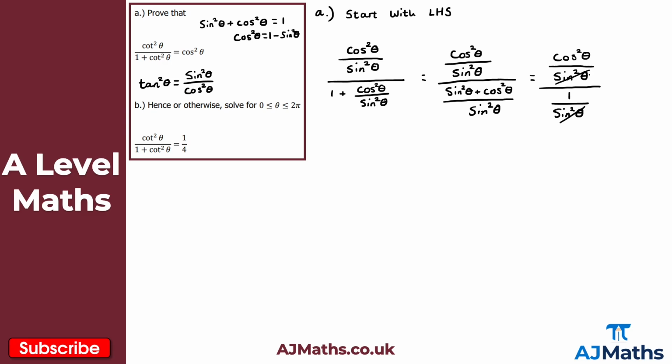We get left with cos squared theta over 1, which is equal to cos squared theta, as we require. That's what we wanted here. So that's perfect, as required for part A.